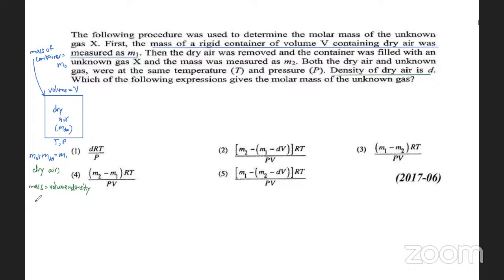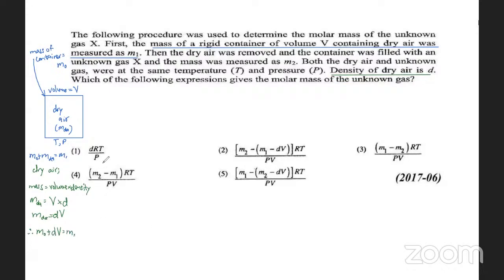Mass of dry air is MdA, volume is V, density is D. In the answers you can see dV is there, so the mass of dry air is actually dV. That is settled. So I can say the mass of the vessel plus dV is equal to M1.